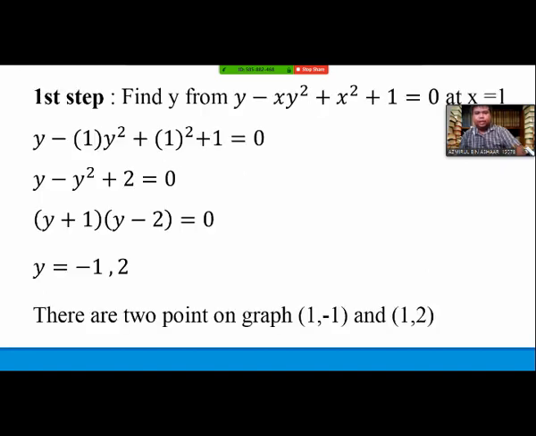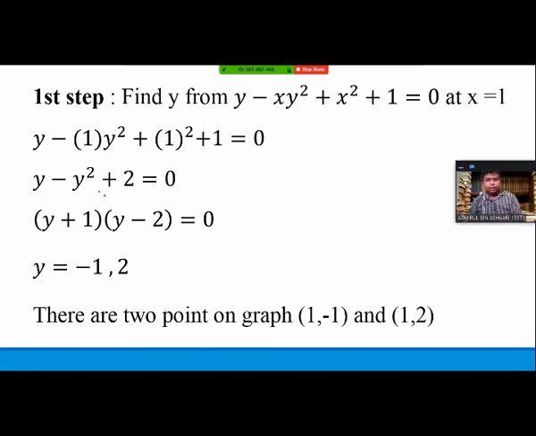So in here, the first step, you already get this one, y minus x y power of 2 plus x squared plus 1 equal to 0. And given that x equal to 1. Okay.